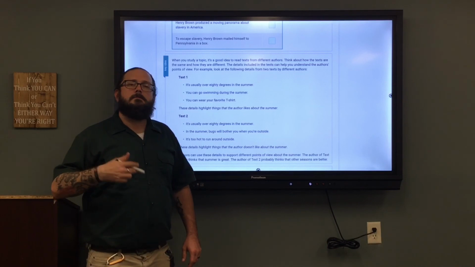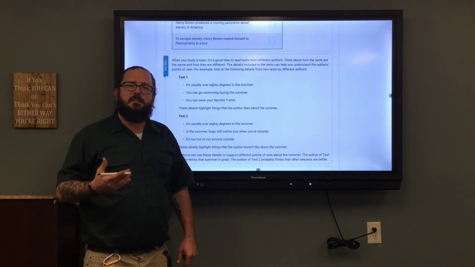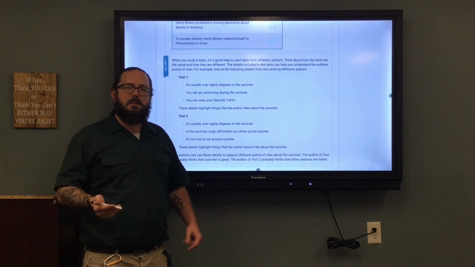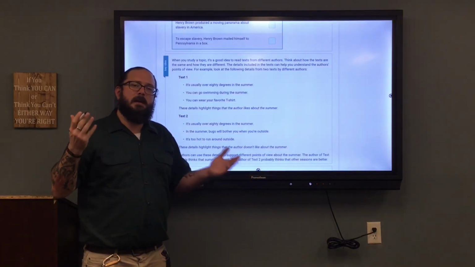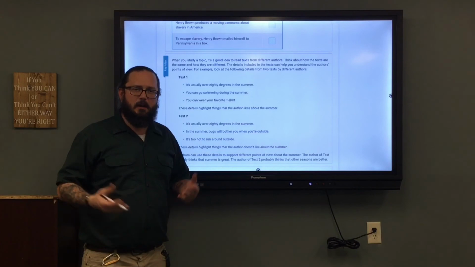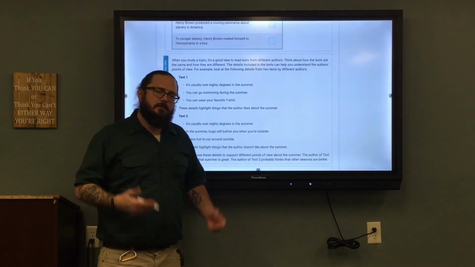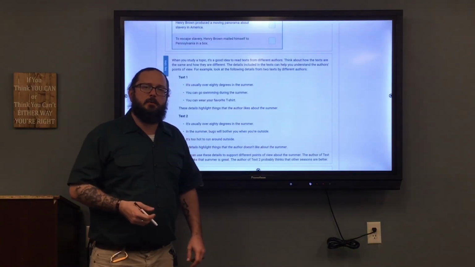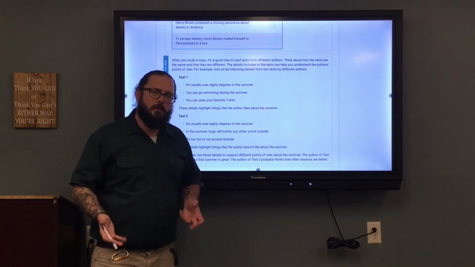As a reader, there may be times that we will study a topic and we may need to compare and contrast what two different authors say about that topic. So let's take a look at an example to see how that would work.